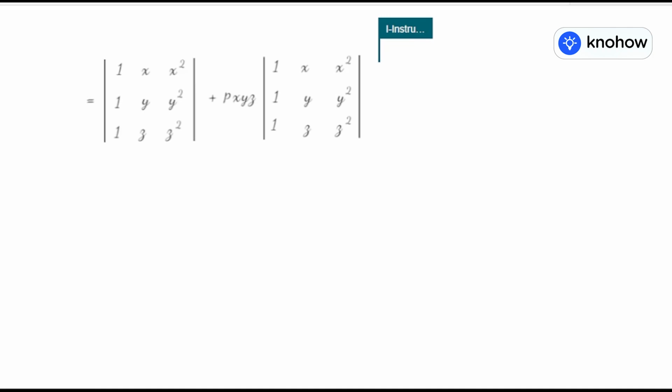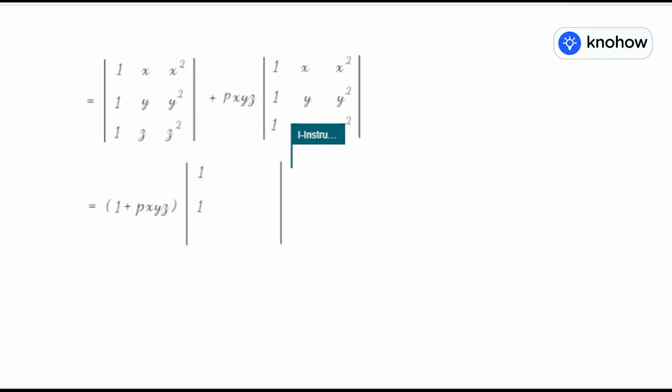So taking the determinant 1, 1, 1, x, y, z, x square, y square, z square common, you are left with 1 plus pxyz outside, and the determinant. Now if you look at the right hand side, of course we need this factor common, that is 1 plus pxyz, and what else you need? You need x minus y, y minus z, z minus x.